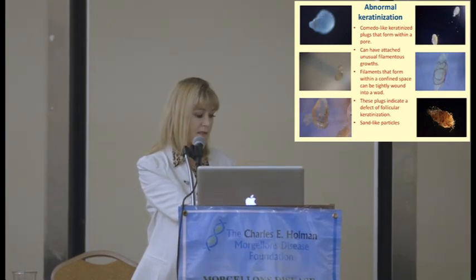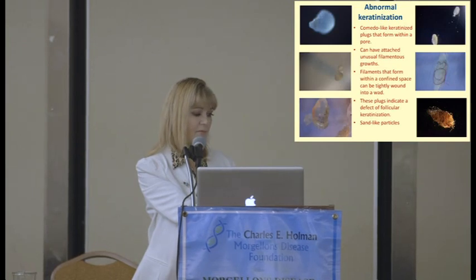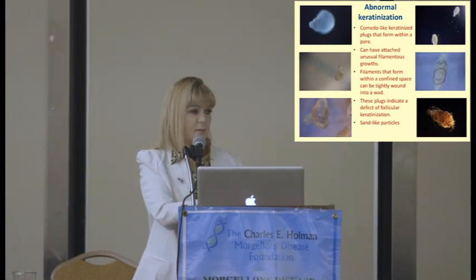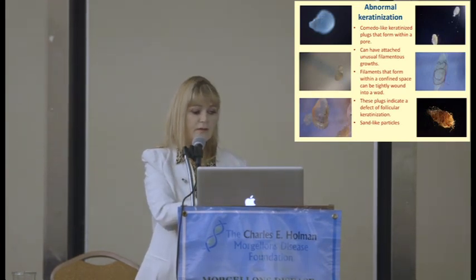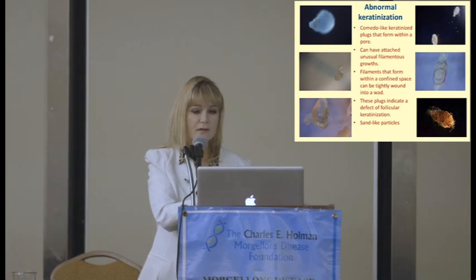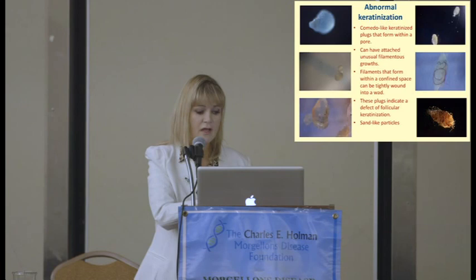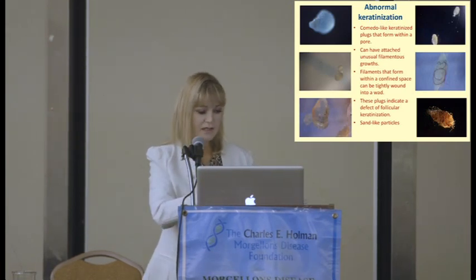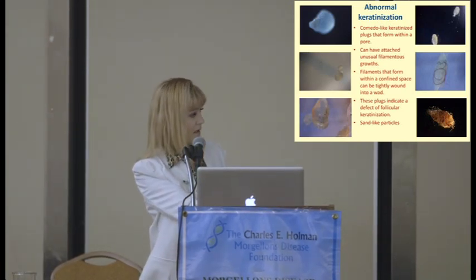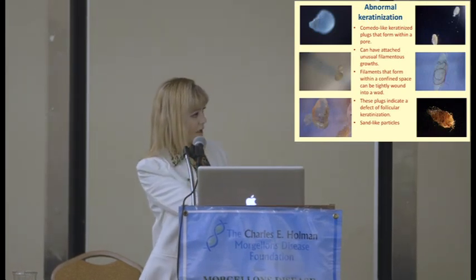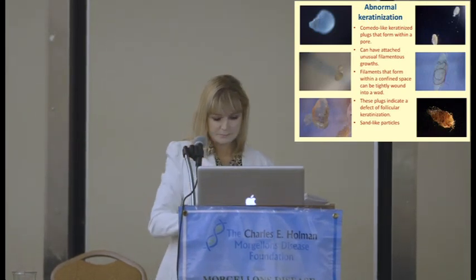And they can have fibers attached to them or protruding from them. And if these form inside a pore, the filaments can grow around and around because they're within the confines of that space. You can see that on the bottom right over there. And on the middle one over here, there's some colored ones.